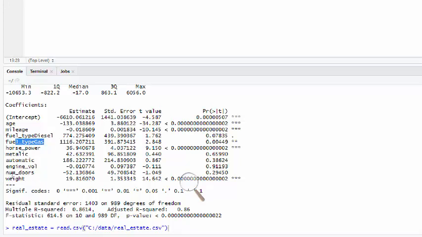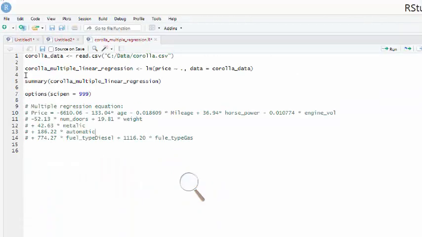The difference is that if the predictor is numerical, then I have my good old interpretation, right? Talking about interpretation, how do I interpret, for example, age, this one? Remember, we discussed interpretation of coefficients. How do I interpret that number, negative 133.04 times age?